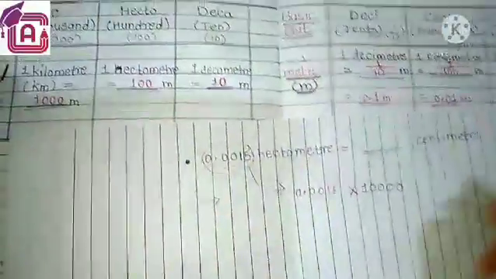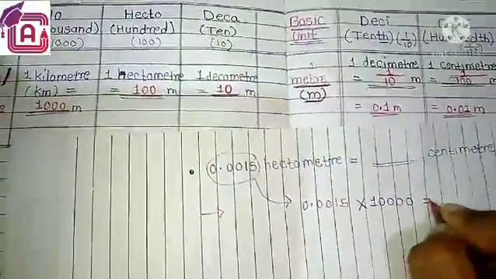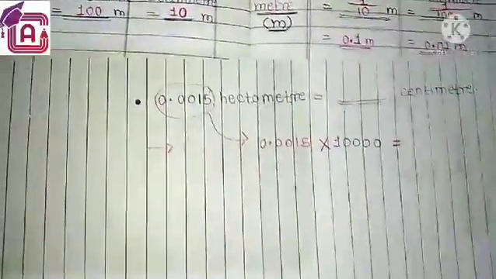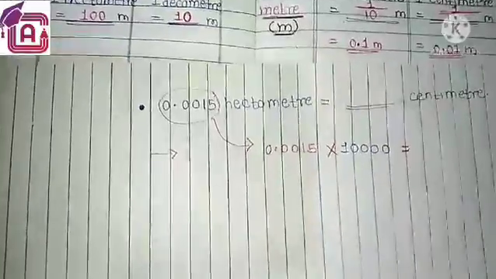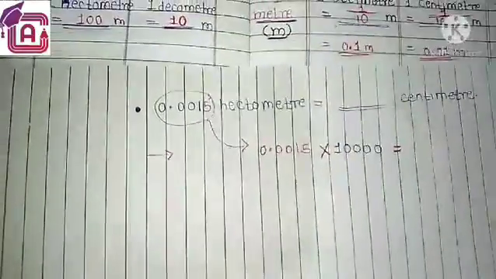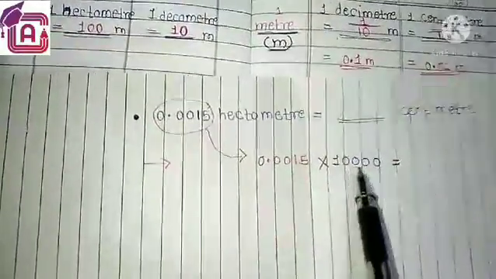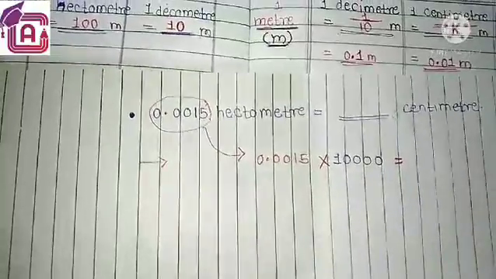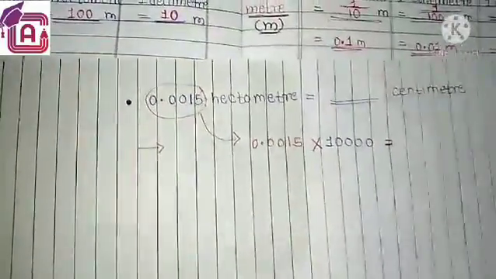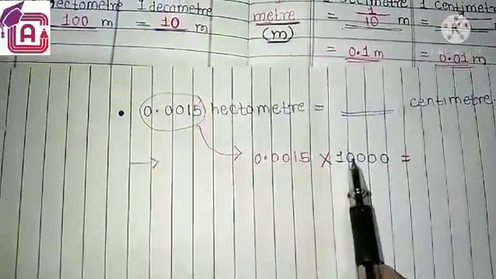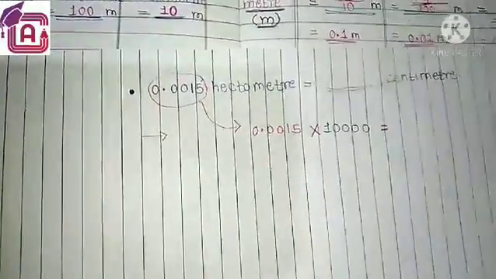Now perform the multiplication. If a fraction is already given to you, and you are multiplying with a multiple of 10, like 100, 1000, 10,000, what do we have to do? Simply, when such a fraction number is given and you multiply it by multiples of 10 like 10, 100, 1000, 10,000, 1 lakh, 10 lakh, what do you do? How many zeros are there? 1, 2, 3, 4. 4 zeros are there.